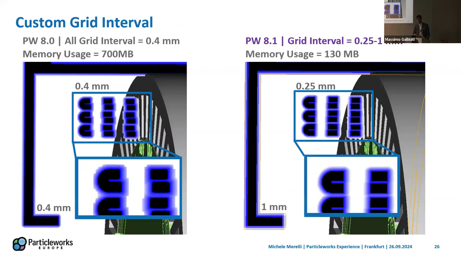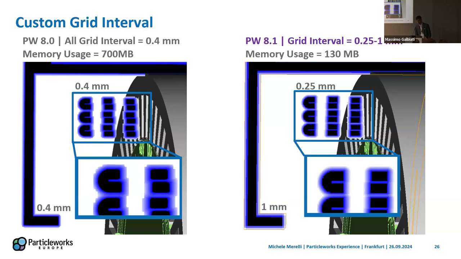Going to the feature that I mentioned, coming in this version, we have the possibility to define multi-grid. So in some areas of our domain, we can have a smaller discretization of the solid phase, both for fluid flow or thermal solver. In this case, we see for the end windings of an e-motor that we are able to define separate resolution for the housing and the coils.